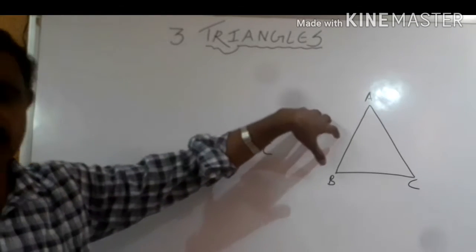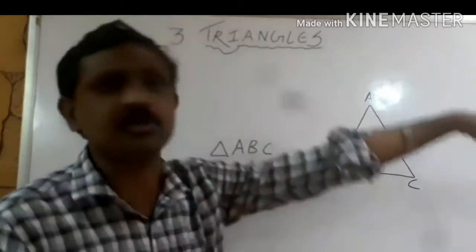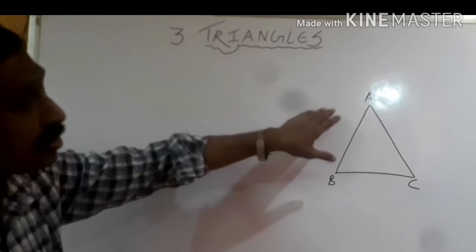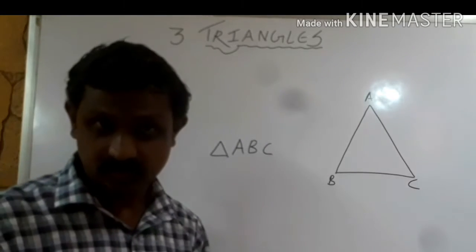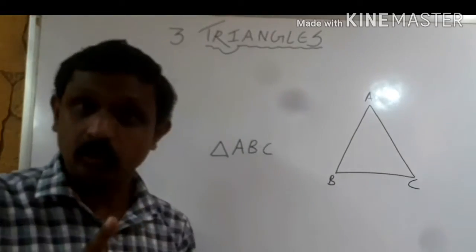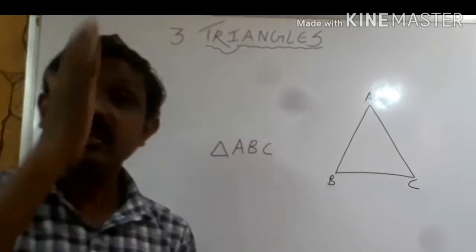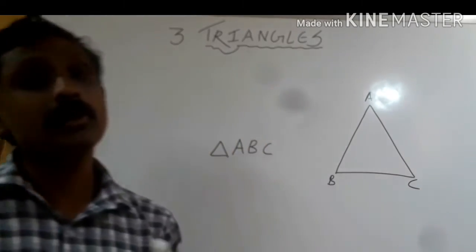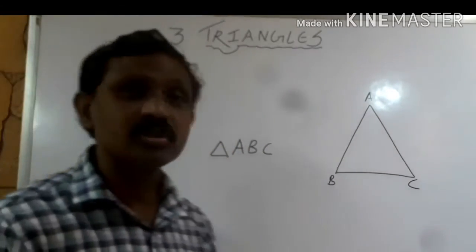Now this triangle, if you see, there are types given to us. Now what are these types? Based on the congruent sides, if all sides are equal, then it is called an equilateral triangle. When two sides are congruent, we call it an isosceles triangle.